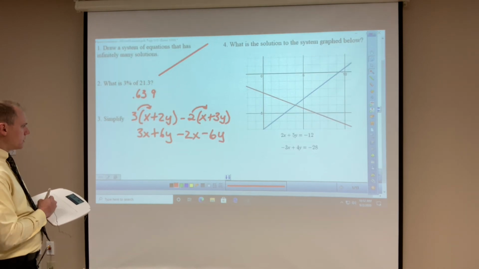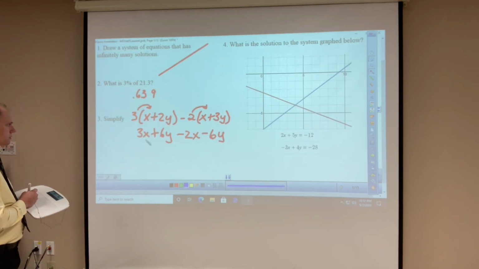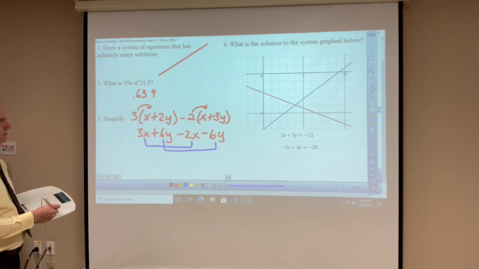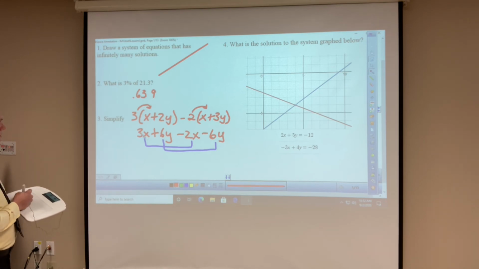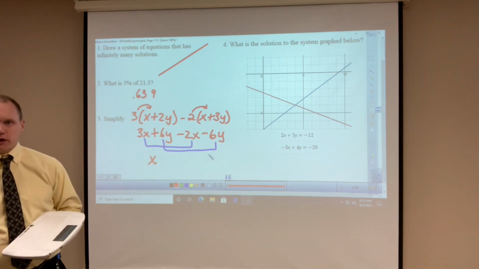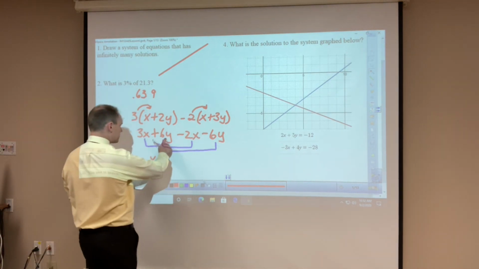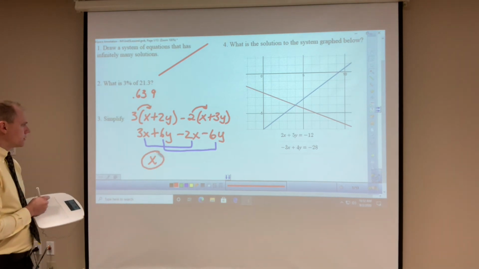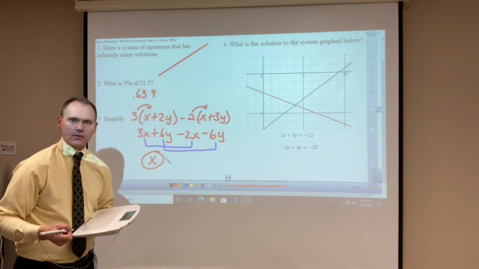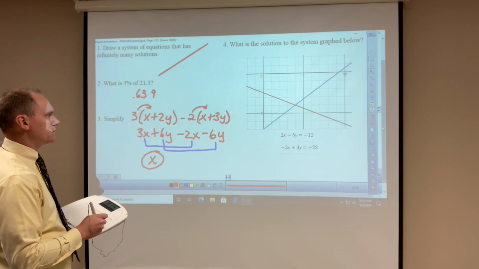From there, we can actually combine like terms. 3x minus 2x and 6y minus 6y. So 3x minus 2x is just going to be 1x. And then 6y minus 6y is 0 y's, right? So nothing. Those are what we call additive inverses. So we're really just left with x. All right, so again, that's going to help us with what we're doing today.